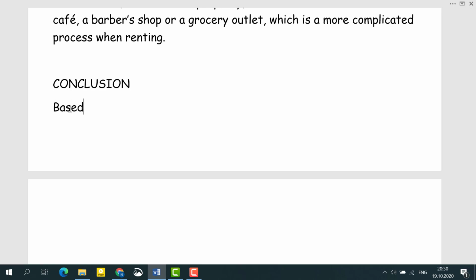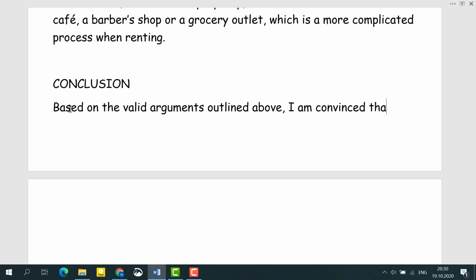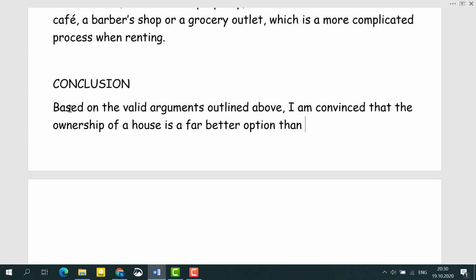Based on the valid arguments outlined above, I'm convinced that the ownership of a house is a far better option than renting.